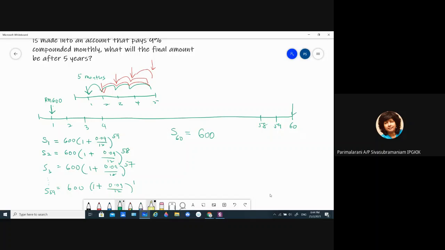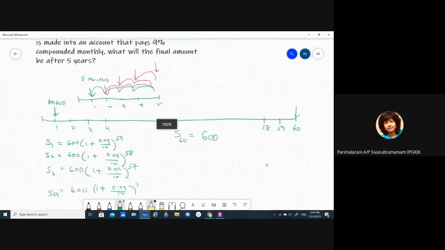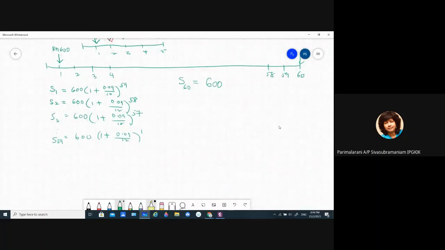Okay? So what is the total value of all the money now, from your first month until the last month? How much have you collected altogether?